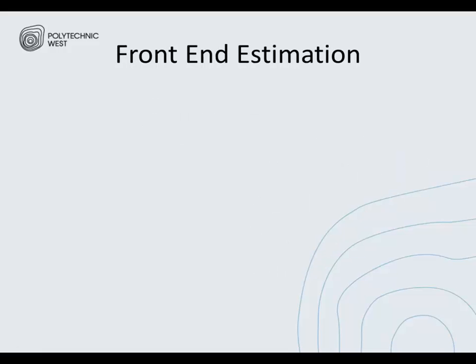Another way is what's called front-end estimation. This is where we just take the first number that comes along. Now we have to make sure that we are accurate to the first digit in the smallest number. The smallest number is the 49, and the first digit that comes along is the 4, which is in the tens column. So we have to go to the tens on both of them.